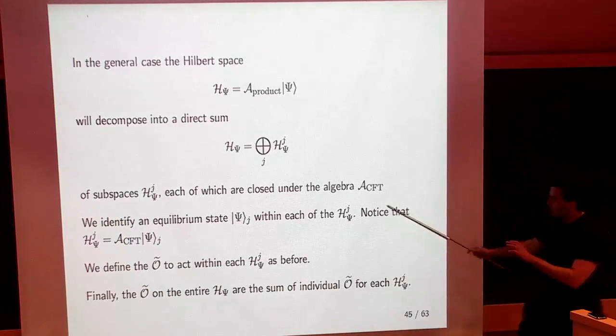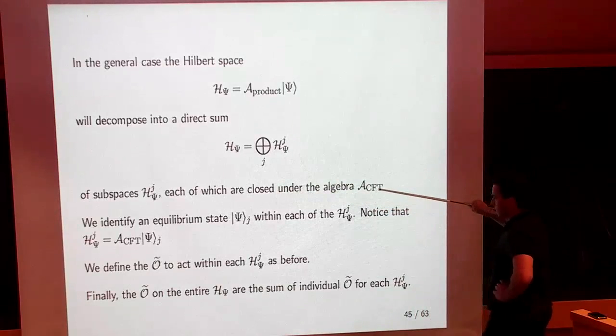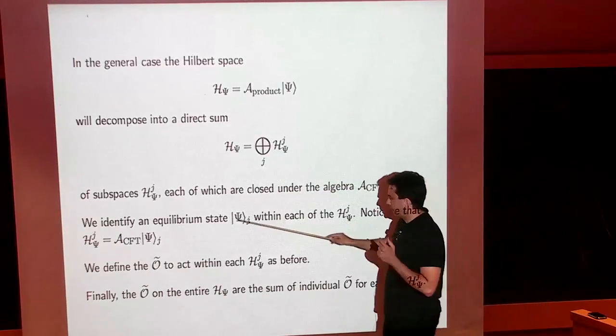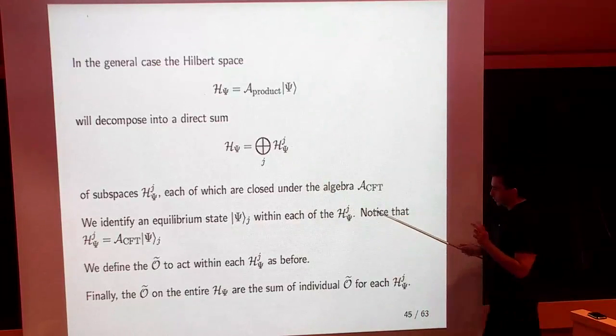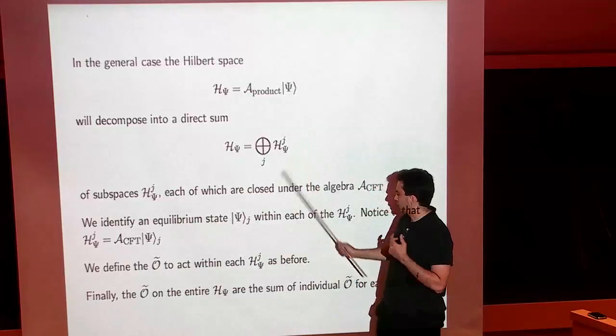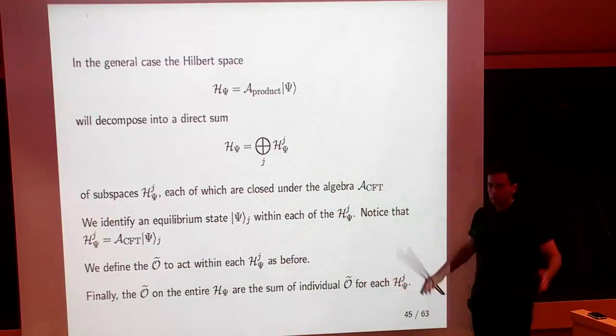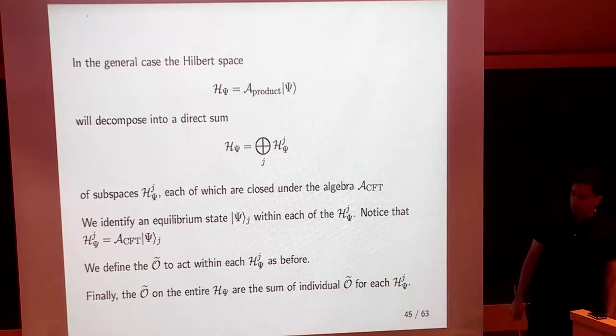So let me just make the statement that each of the subspaces is closed under the algebra A CFT. What we do is identify an equilibrium state within each of these spaces, and we define the mirror operators relative to that equilibrium state acting on the subspace H psi of J, and then we take the direct sum of all of them. Since I'm running out of time, let me just tell you what you get from this.